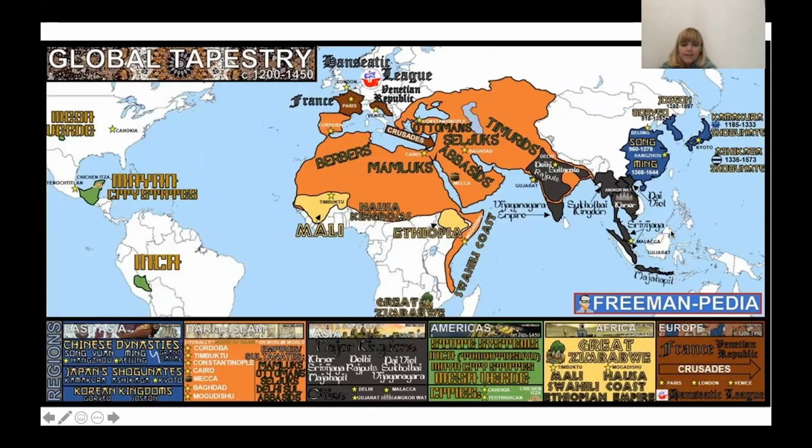So we are standing at the end of period 1. We are standing at the edge of 1450, and we have talked about the Song dynasty, we've talked about East Asia. We've talked about the Delhi Sultanate in South Asia, the Srivijaya Empire in Southeast Asia. We've talked about the Islamic states, in particular the Abbasid Caliphate.